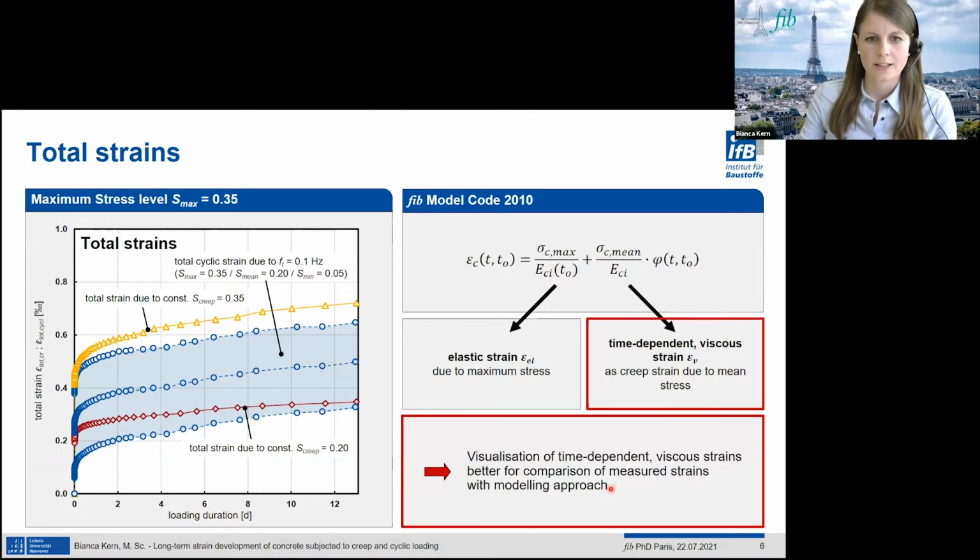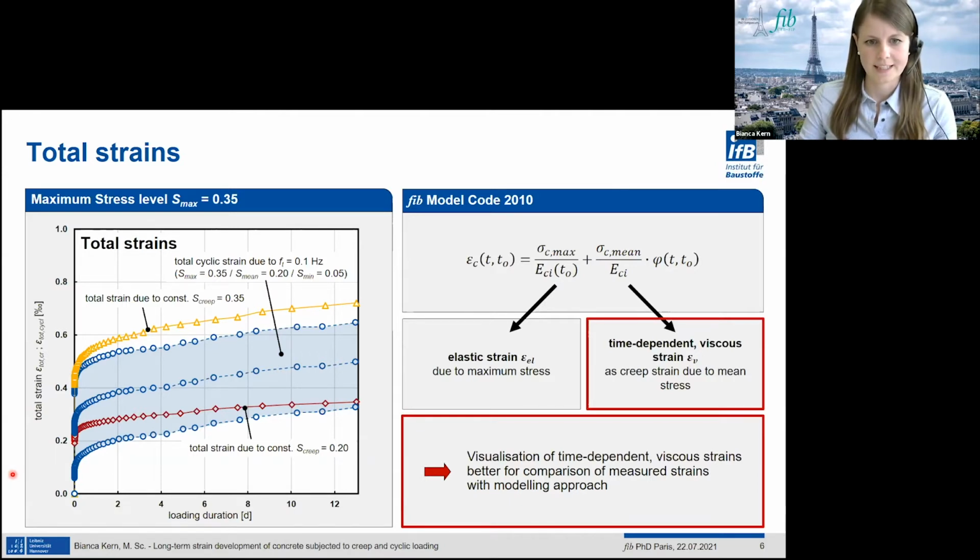Therefore, only the time-dependent viscous strains are shown in the following diagrams on the next slide. These are the strains that occur in addition to the elastic strains after the initial application of the defined stress level, often also called creep strains.